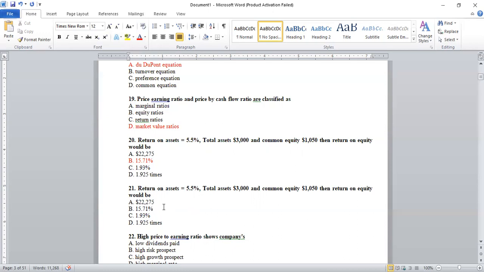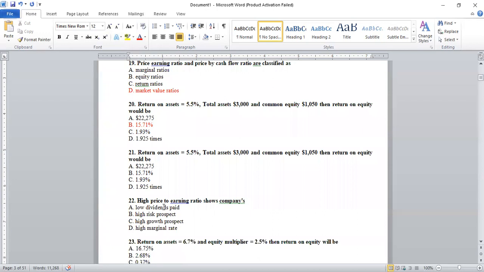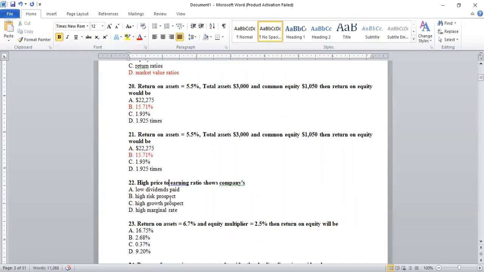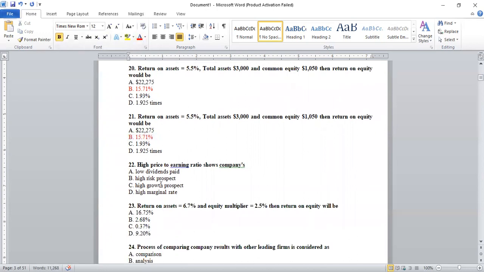Question 21. Return on asset. Yeah, this is the same as question number 20. A high price to earnings ratio shows companies with high growth prospects.